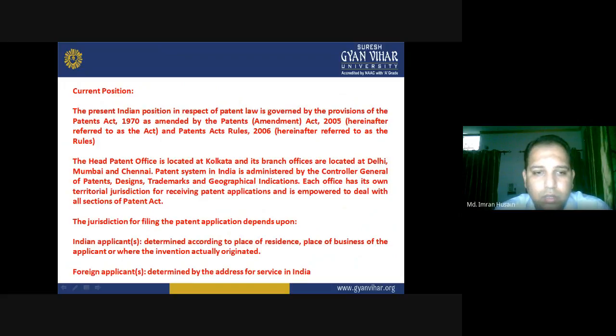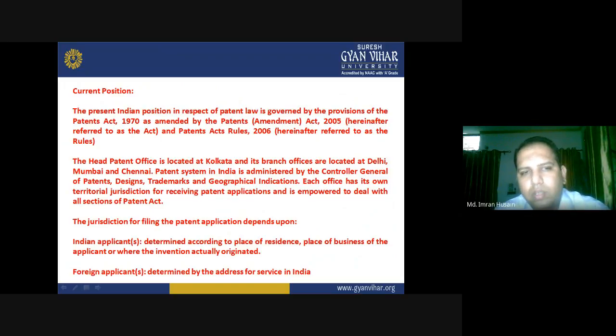Each office has its own territorial jurisdiction for receiving patent applications and is empowered to deal with all sections of the Patents Act. For an Indian applicant, the jurisdiction for filing the patent application is determined according to the place of residence, the place of business of the applicant, and where the invention actually originated. For a foreign applicant, it is determined by the address for service in India.